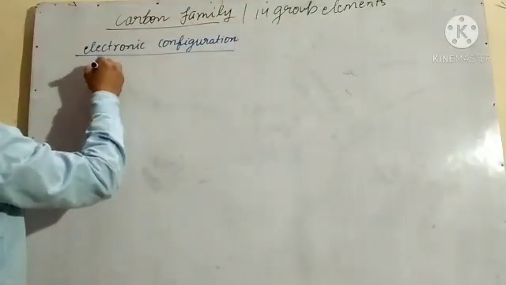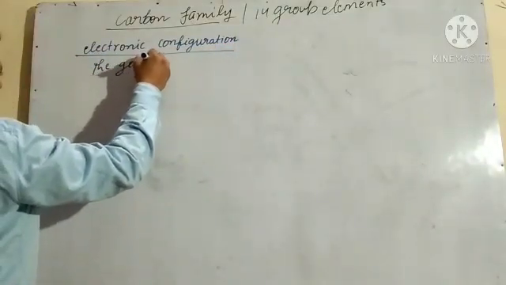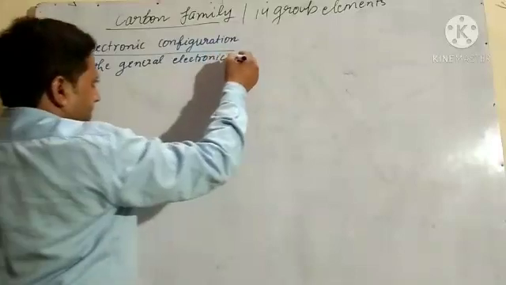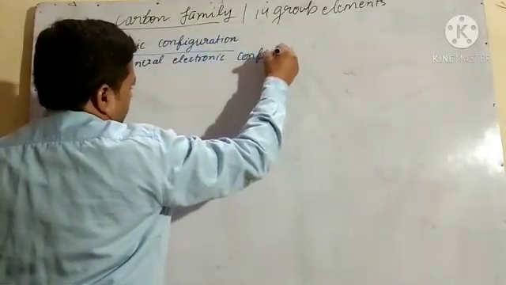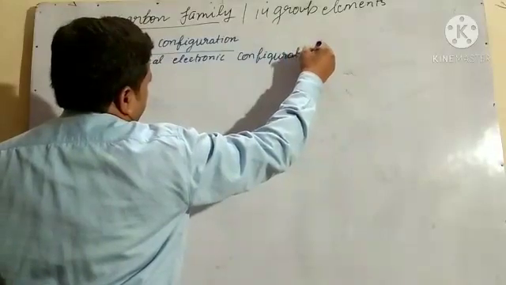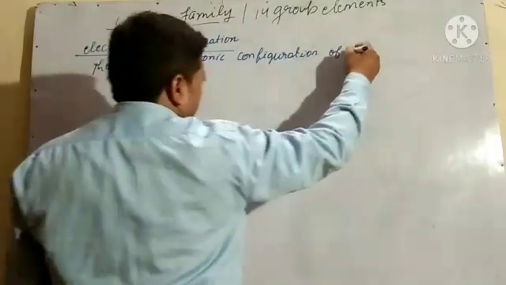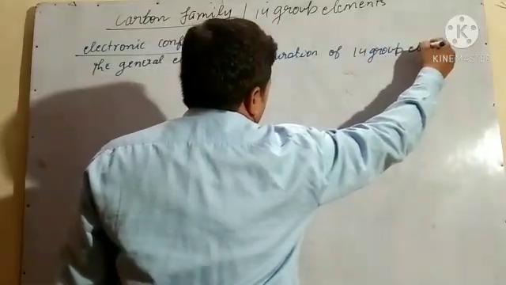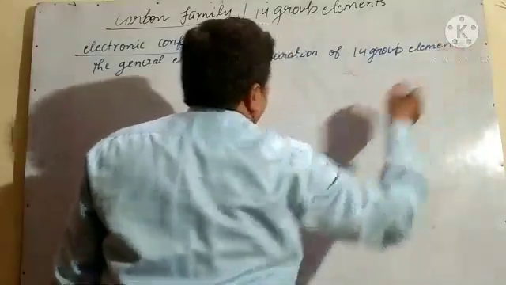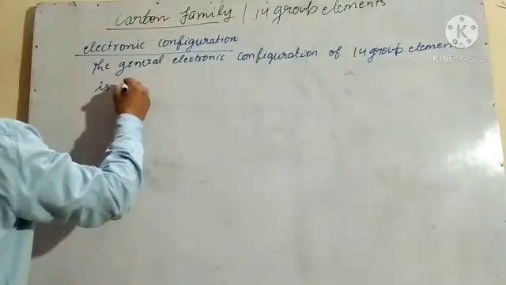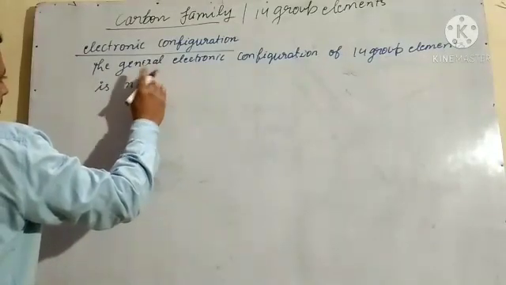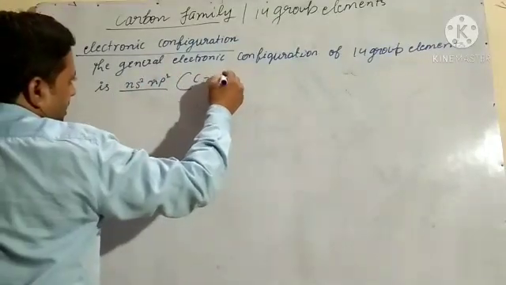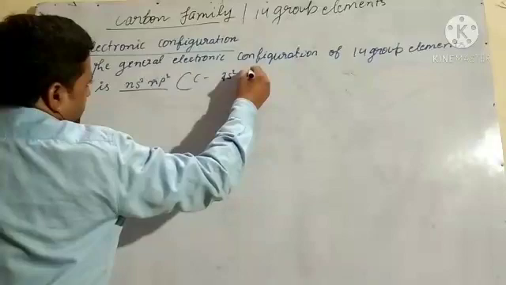The general electronic configuration of group 14 elements is ns2 np2, because we have seen like this: 1s2, 2s2 and 2p2.